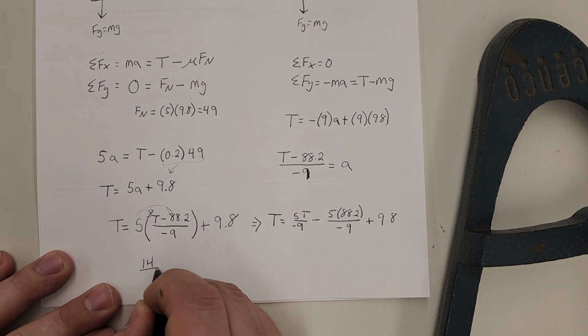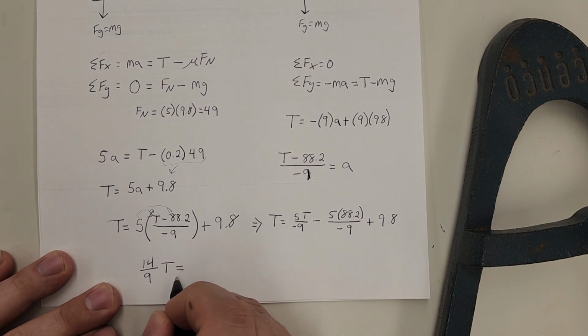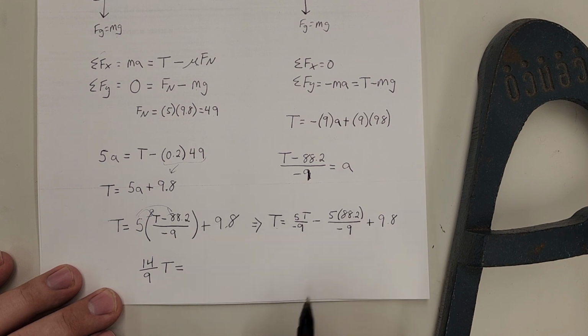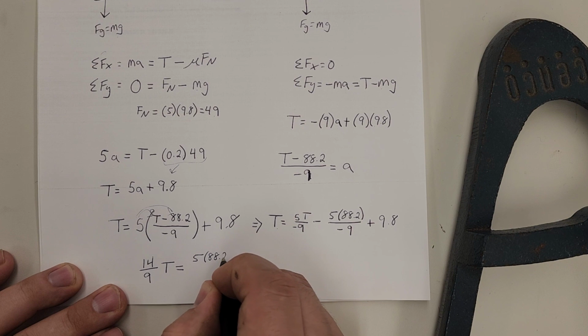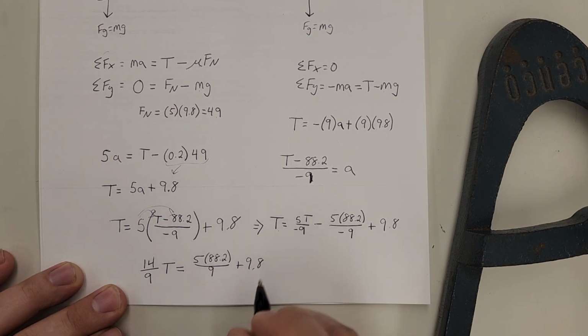So I'm going to have 14/9 times t is equal to, minusing a negative, I'm going to end up with 5 times 88.2 over 9 plus 9.8.